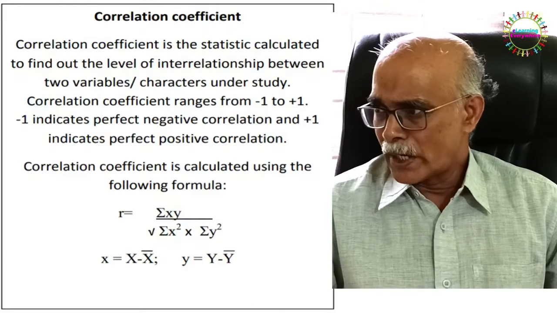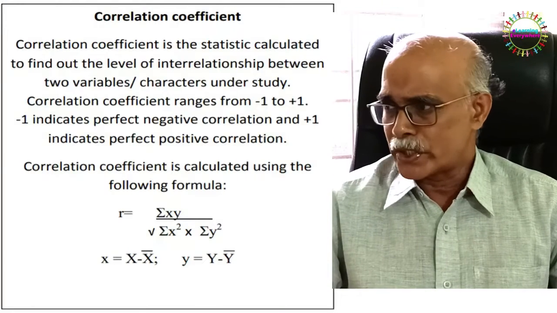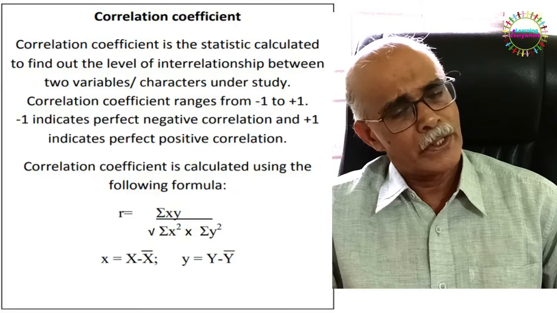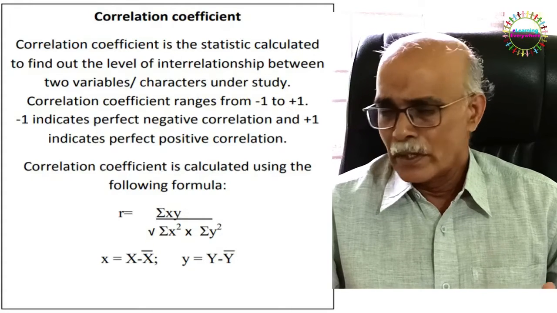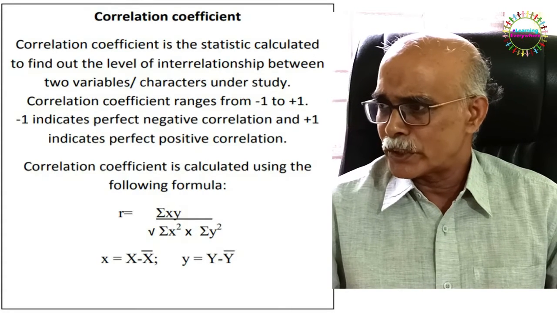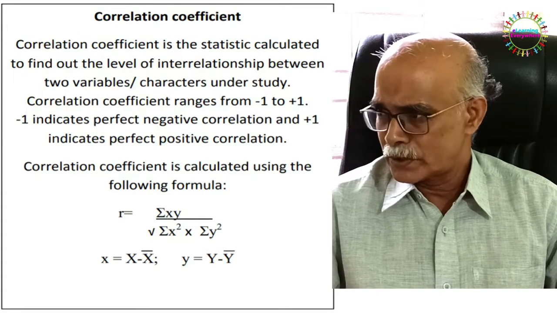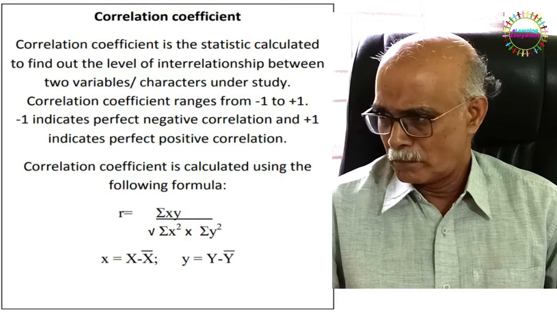But in practice, the usual way of finding out the relationship by correlation analysis is by calculating the correlation coefficient. The correlation coefficient is a statistic calculated to find out the level of interrelationship between two variables under study.